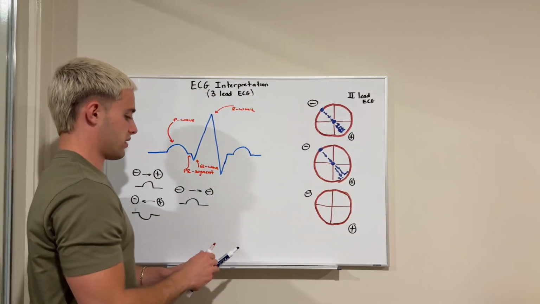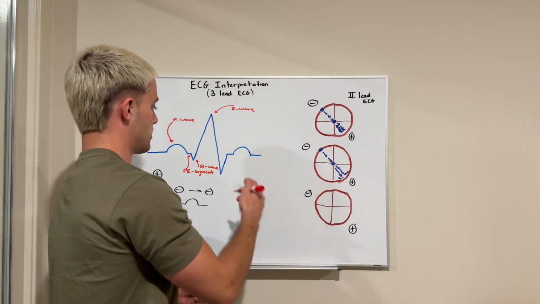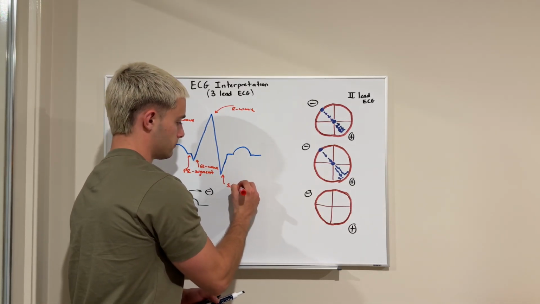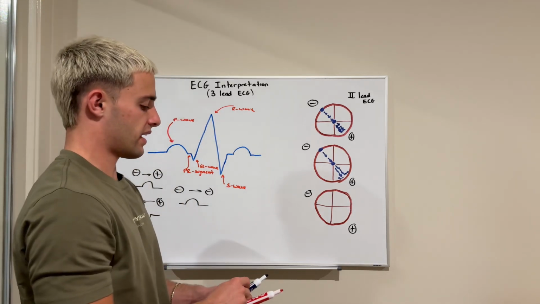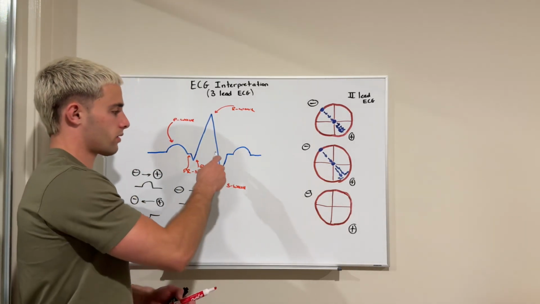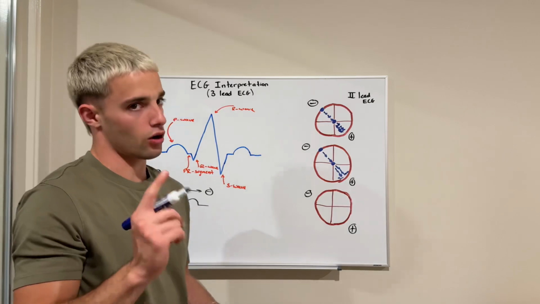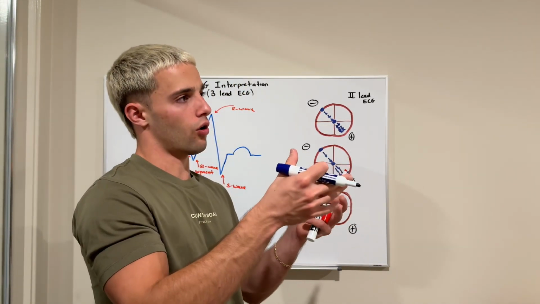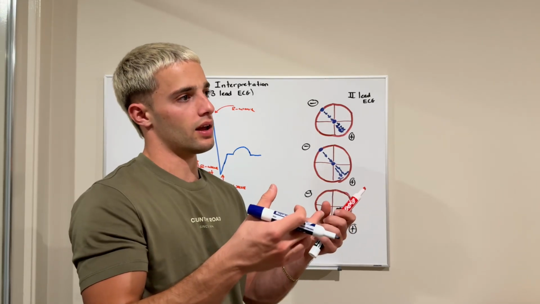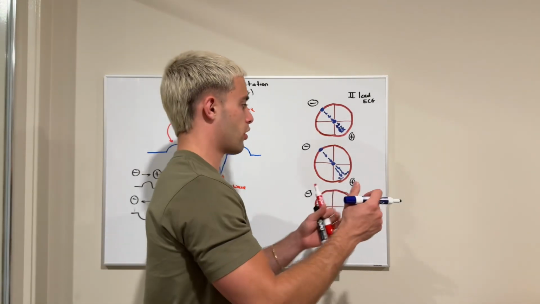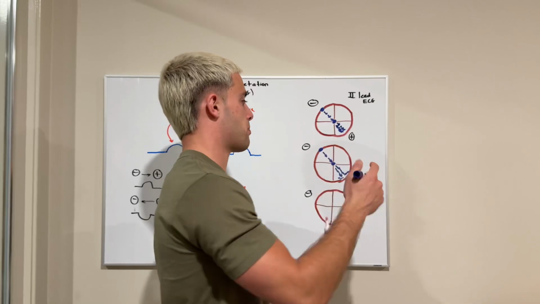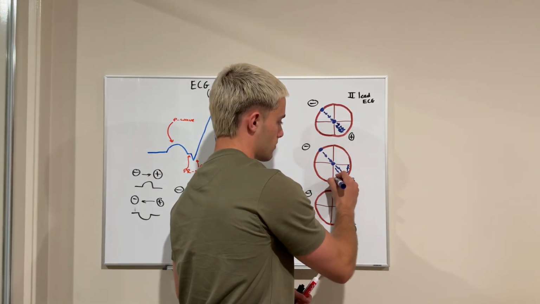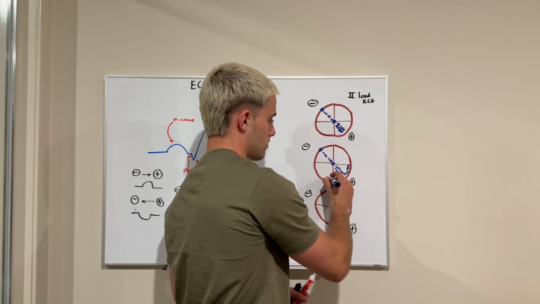After that, we have the S wave. And in the S wave, we get a negative deflection because once the myocardium of the apex of the heart is depolarized, those action potentials are going to head towards the base of the ventricles, and they're going to head up this way like this.